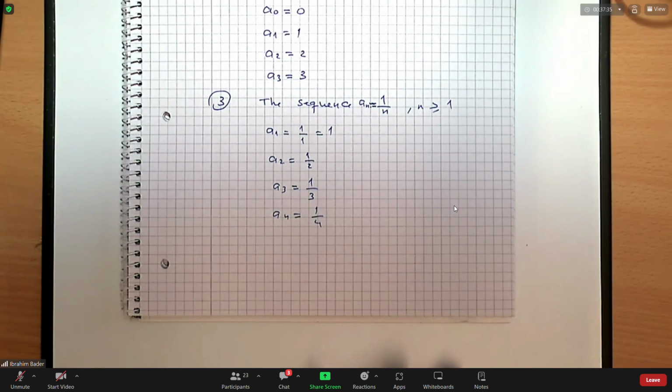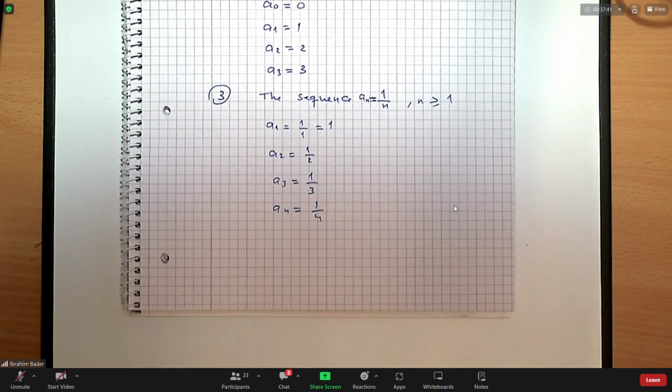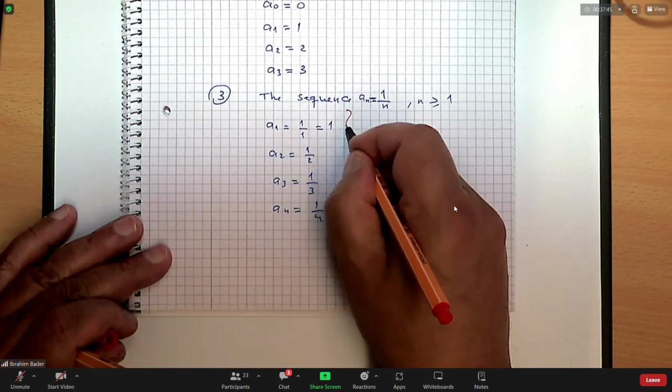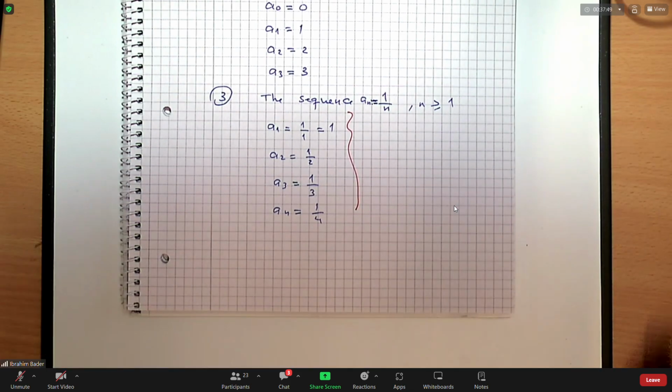Now this sequence has a nice feature, preparing you for the next concept, a behavior of sequences that also plays a decisive role when examining the so-called convergence or divergence.